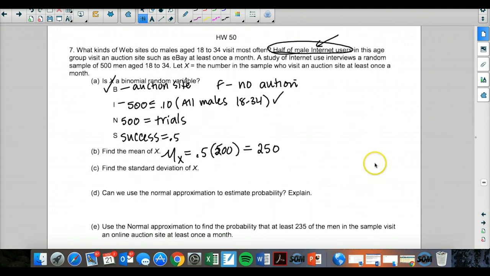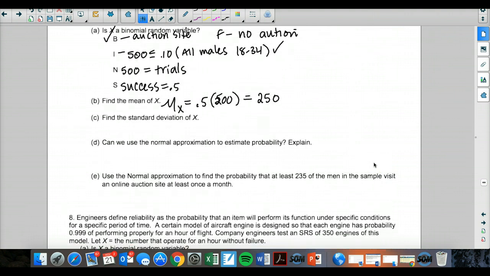Find the standard deviation of X. So my standard deviation is the square root of 500 times 0.5 times 0.5 again. So it is 11.18. So can we use the normal approximation to estimate the probability?